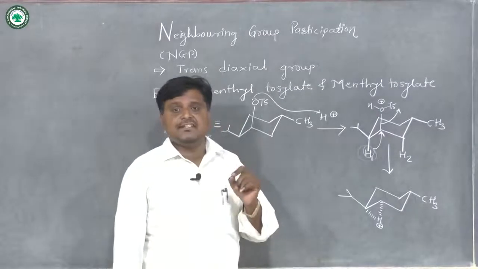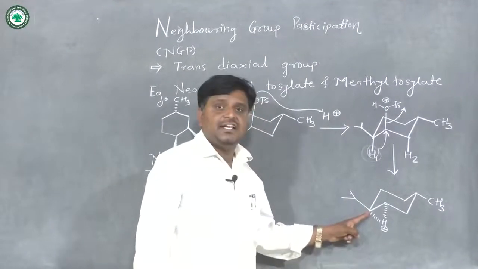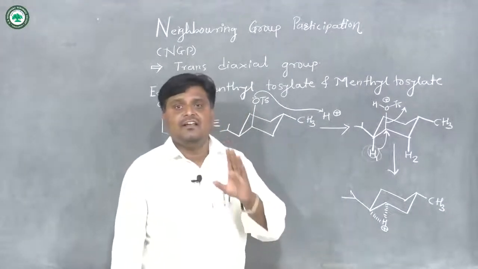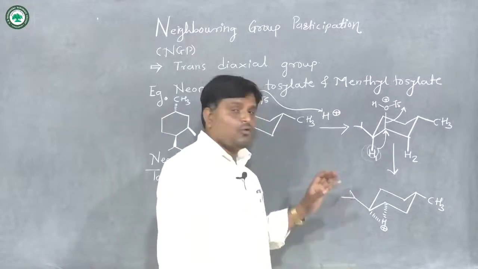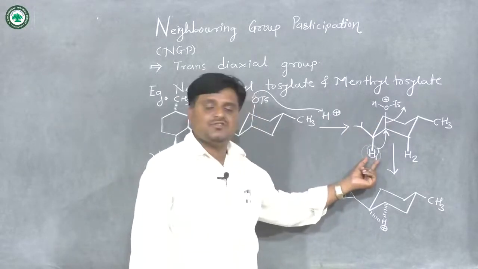At that time we can say that a tertiary carbocation is more stable than a secondary one, so we choose H1.